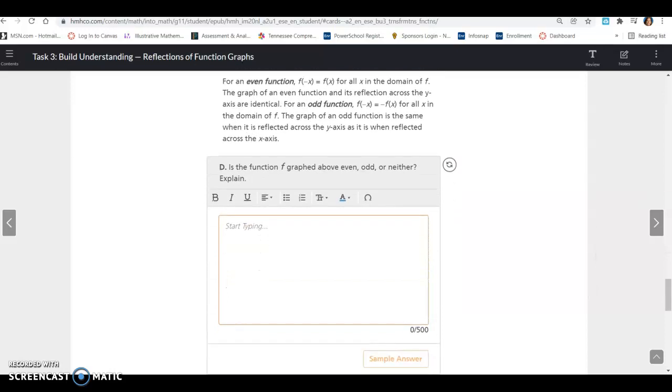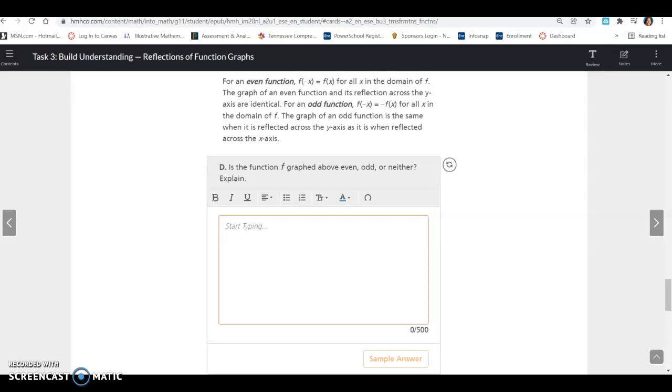All right, so it says for an even function, f of negative x equals f of x for all x in the domain of f. The graph of an even function and its reflection across the y-axis are identical. All right, so you can think of an even function like y equals x squared. That's the graph of a parabola.